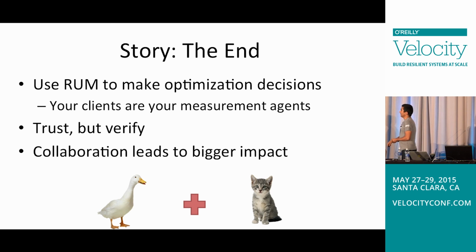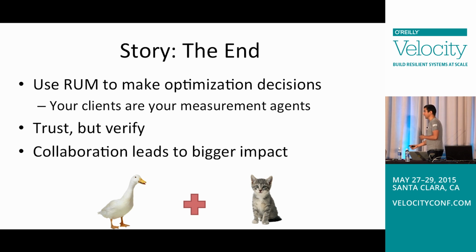And third, if you collaborate, you get better results and make a bigger impact. Here, RUM used to live in its own world, only measurement. POPs were their own world; operations folks used to build POPs. We never talked. But one of the folks in operations came to us and said, hey, we are going to build this POP. Can you measure the improvement?